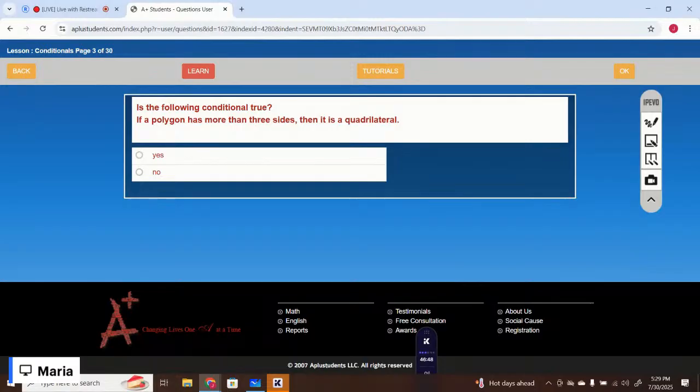Is the following conditional true? If a polygon has more than 3 sides, then it is a quadrilateral. True it is.